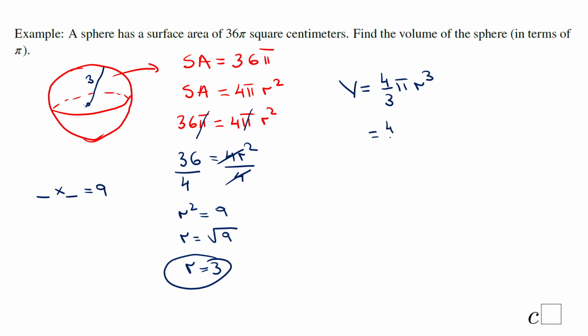So we have 4 over 3 pi, 3 cube is here. So that will be 4 over 3 pi times 27. And 3 goes in 27 9 times, and we have 4 times 9, that's 36 pi.